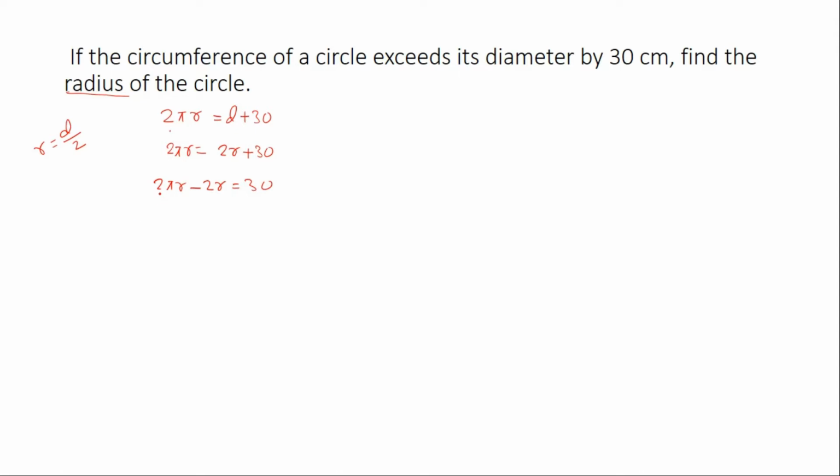If we take 2r common, then what is left? Pi minus 1, equal to 30.